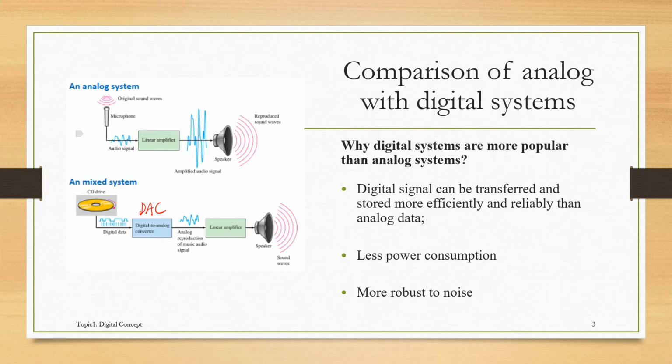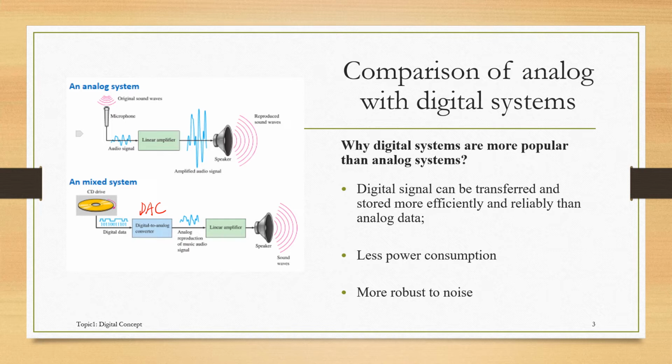So now you probably have this question: it's kind of obvious that the mixed system looks more complicated than the analog system. So why do we not just use the analog design all the time? That will save some resource or money, right?